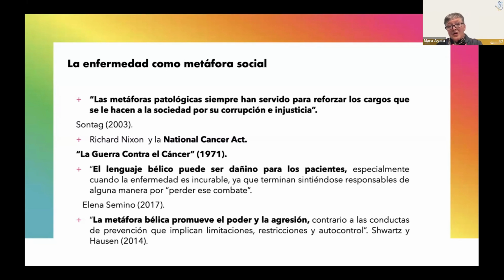También tuvo que ver, creo, esta iniciativa de Nixon en el 71, que fue la National Cancer Act, que básicamente le declara la guerra al cáncer, y cosa que no fue mala, pues inyectó recursos para investigación, pensando en que podía ganar esa guerra.